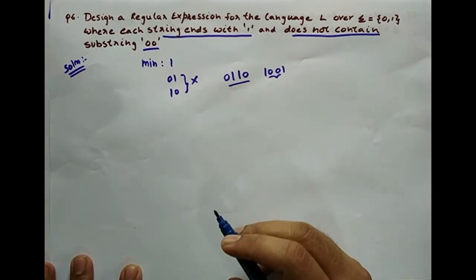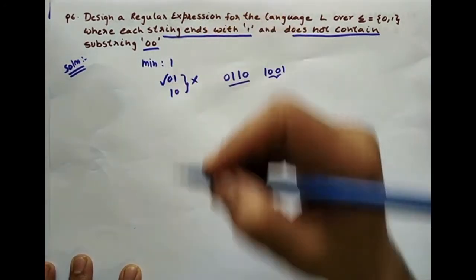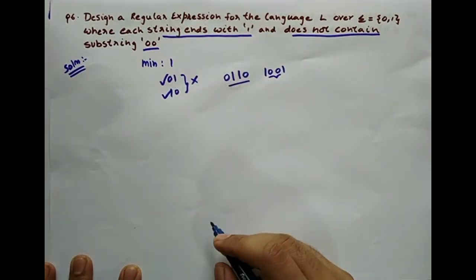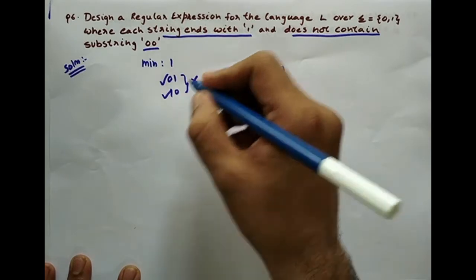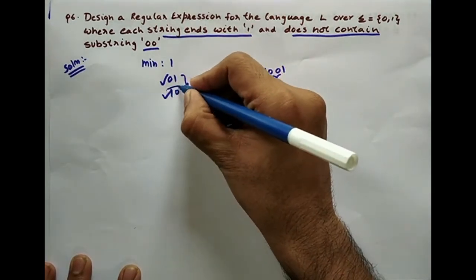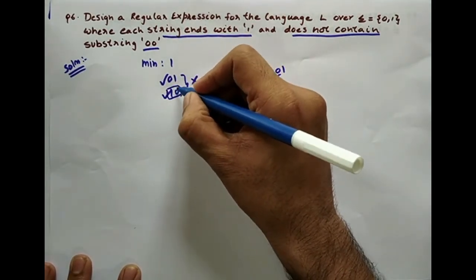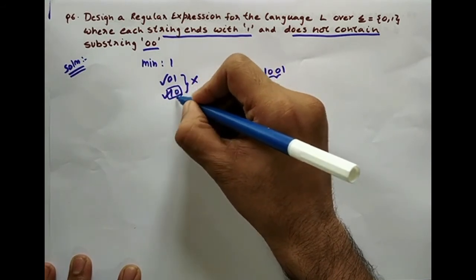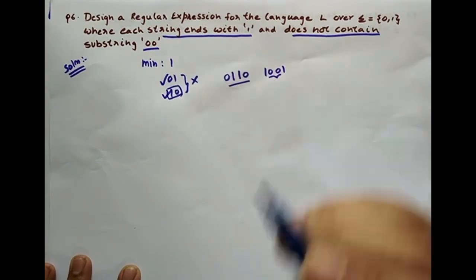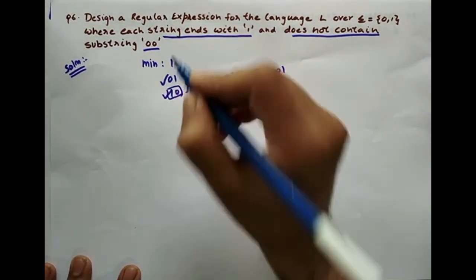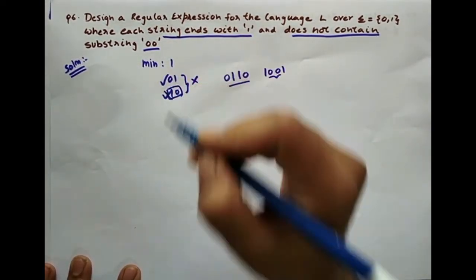So either 0, 1 only will stay or 1, 0 only will stay. Both cannot stay. Right? So again, 1, 0 cannot stay. Why? Because if you consider 1, 0, the string ends with 0. What we want is the string should end with 1. So we will retain 0, 1. So 0, 1 is one possible string, 1, 0 is not.